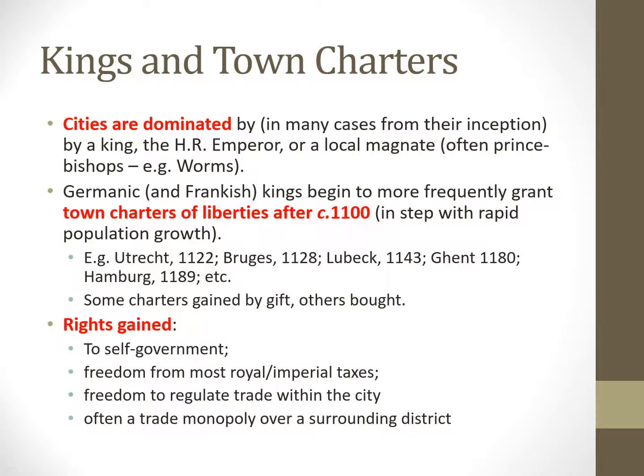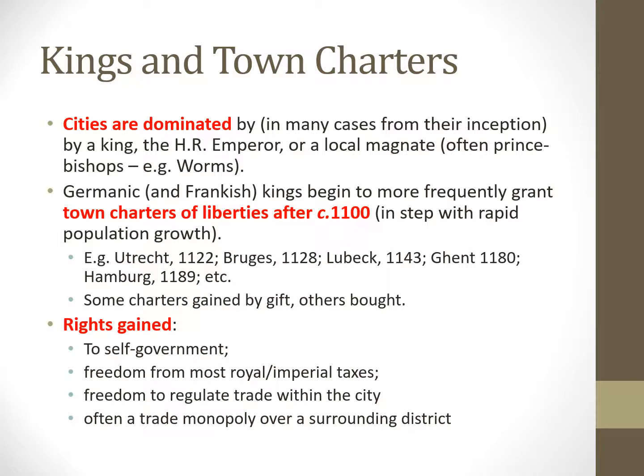The cities are dominated, in many cases right from their inception, by a king or the Holy Roman Emperor or a local magnate in this part of the world. Often these kind of prince bishops that you get controlling parts of the Holy Roman Empire, for example, like Worms.